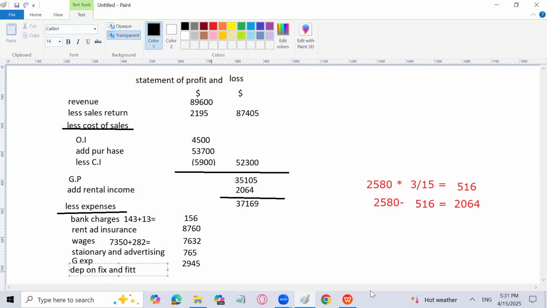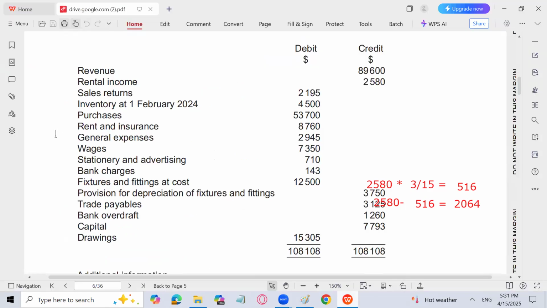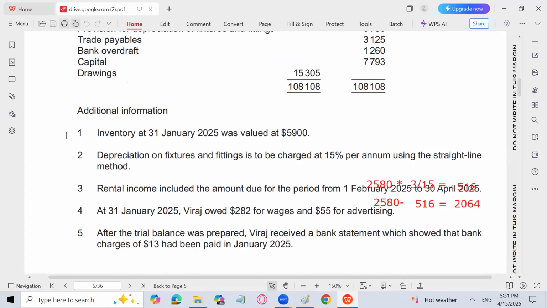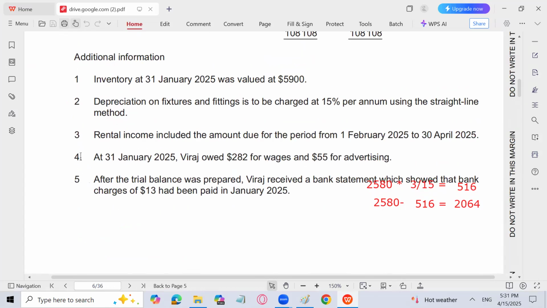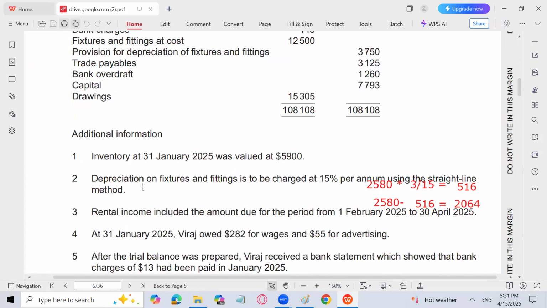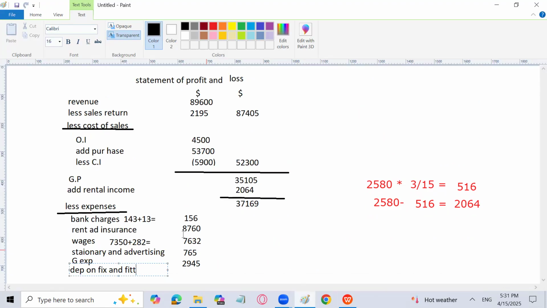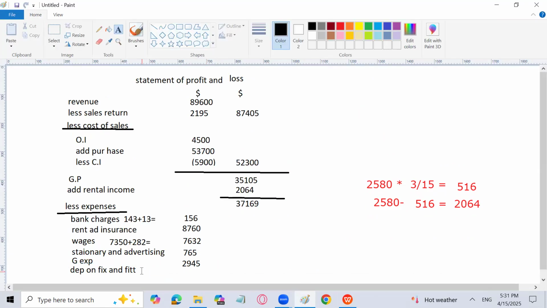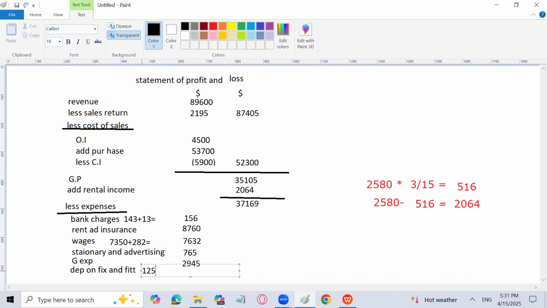So what is the depreciation? The charge for the depreciation is 15% using straight line. The cost of fixture and fitting is 12,500 and 15% of that, what is it going to be? 12,500 into 15%, 1875.